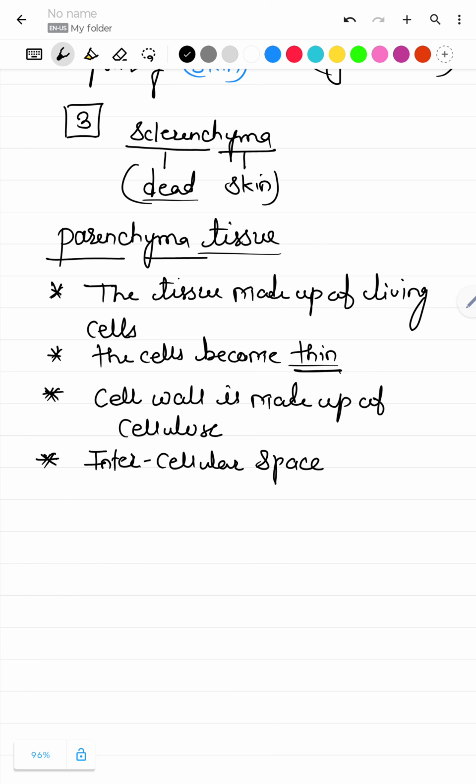So how does this parenchyma tissue look? It looks like this. This is the parenchyma cell, and in this tissue they also have the nucleus, but a large intercellular space.